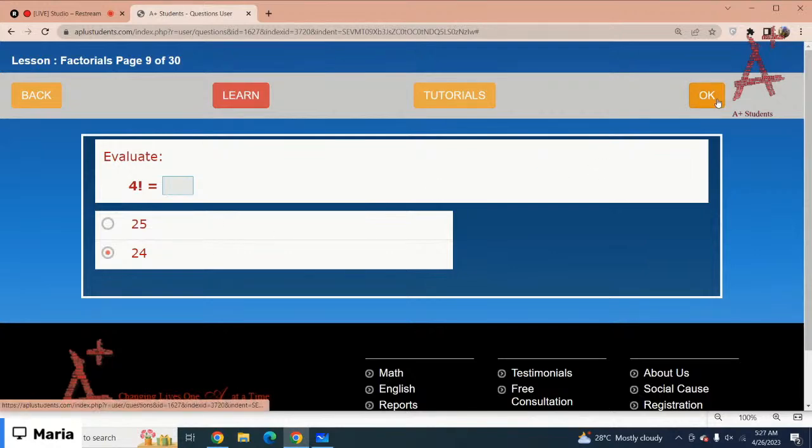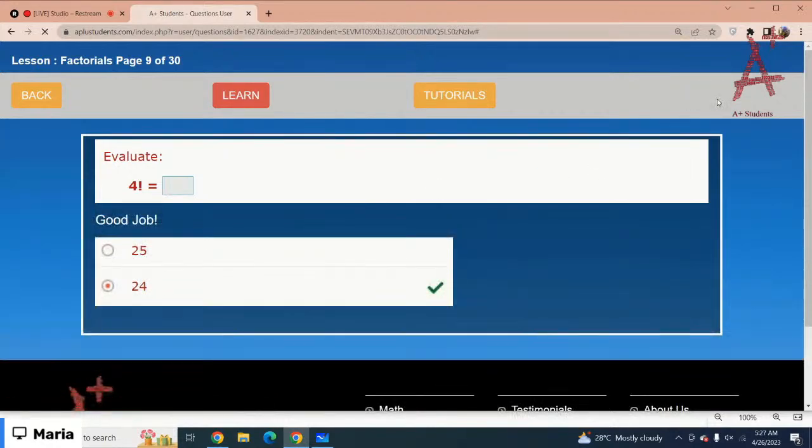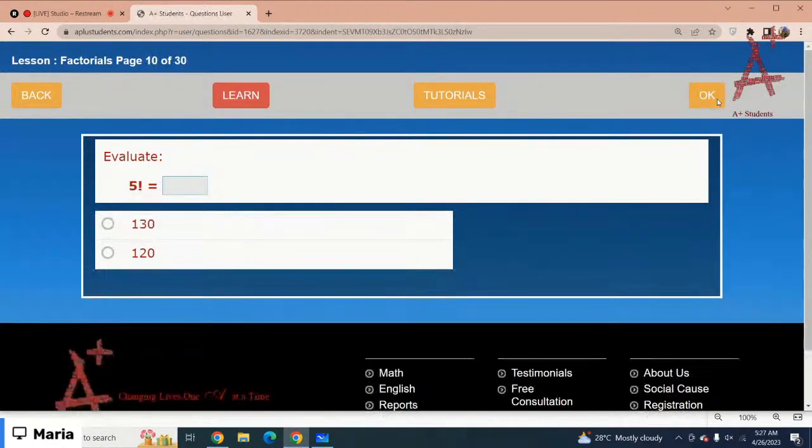So it would be 24. 5 factorial equals 120.